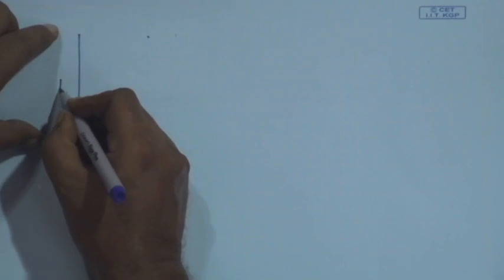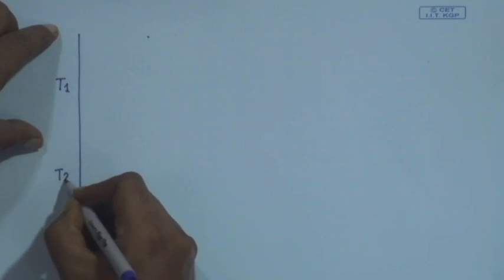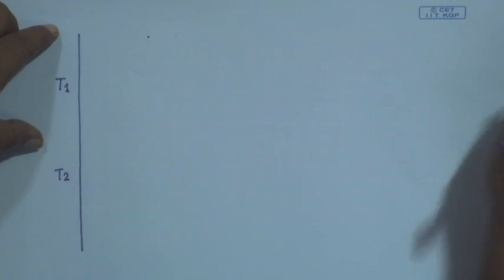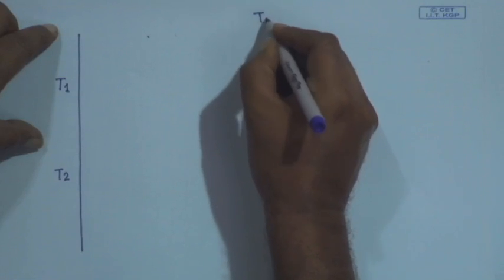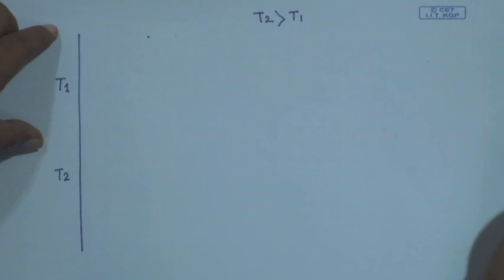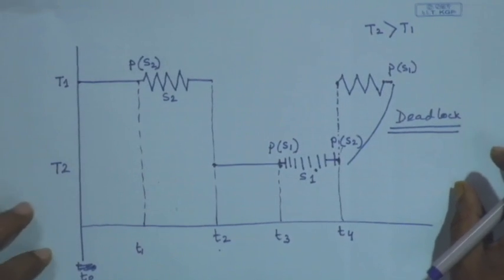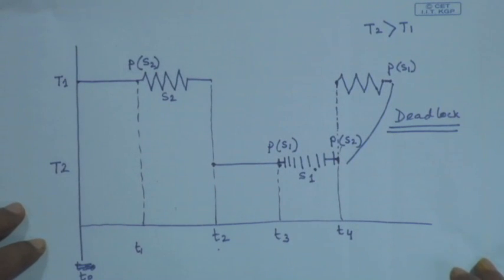I had tasks T1 and T2, and T2 was having higher priority than T1. All right. Now, as you can see here, what will happen to the ceiling of S1 and S2?